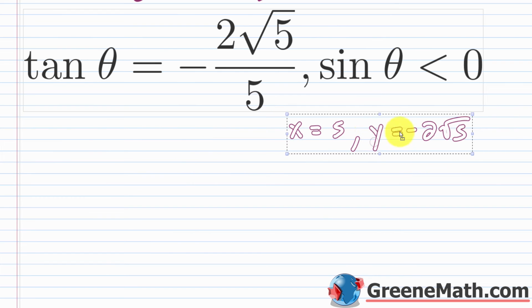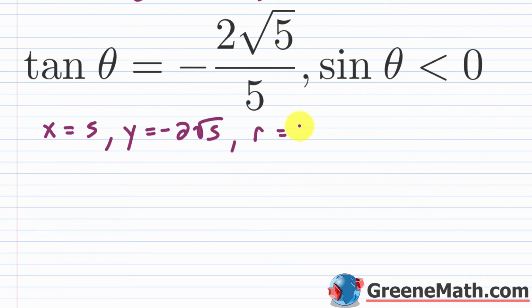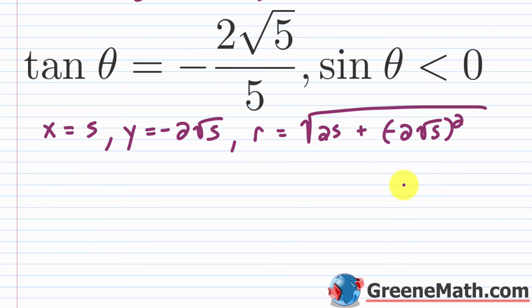So let me scooch this over here and say that r is equal to the square root of x squared plus y squared. So your x value here is 5. 5 squared is 25. And your y value here is going to be -2 times the square root of 5, and that's going to be squared. Let me put my square root symbol back in. So if you square negative 2, you get 4, right?